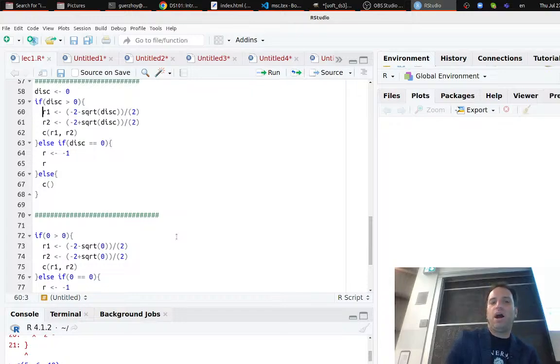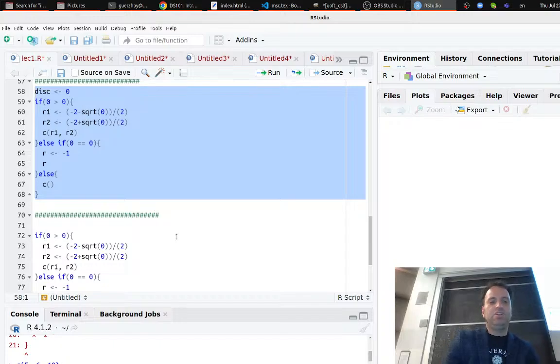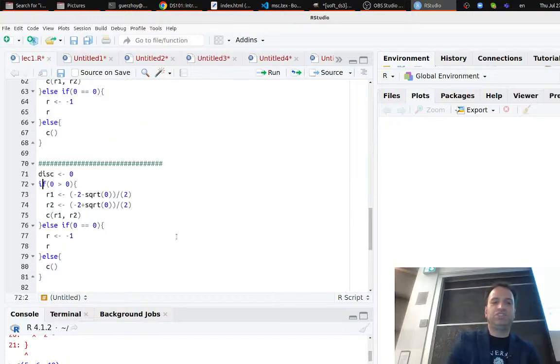Now I again get to do all my substitutions. Disc is 0, disc is 0, disc is 0, disc is 0. Now I get to compute the next step. If you remember, expressions like 0 greater than 0 actually have a value, right?